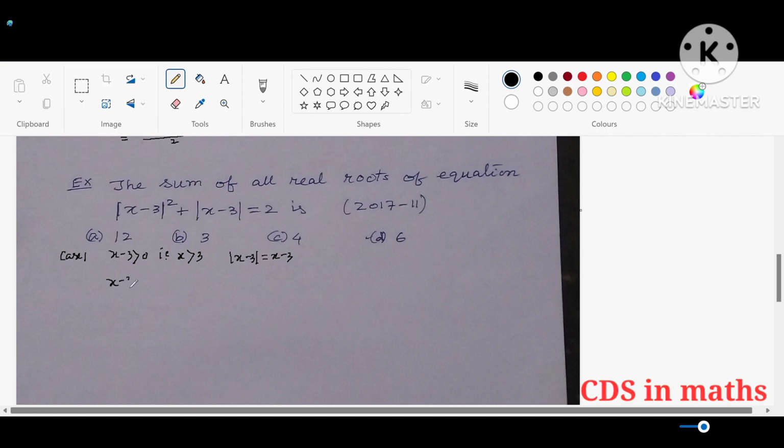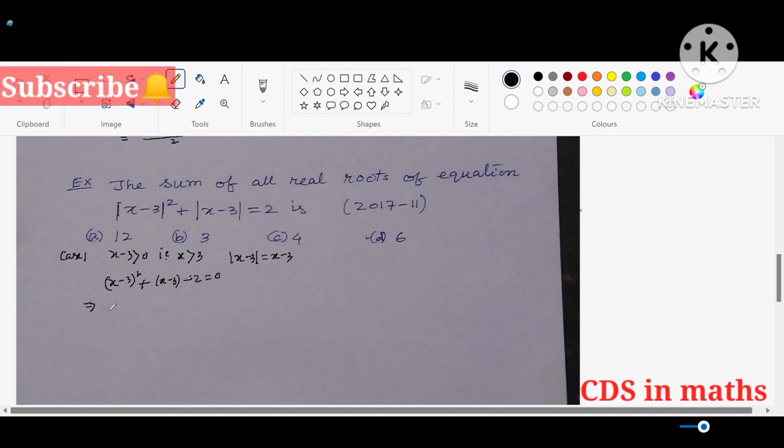So it will be x minus 3 whole square plus x minus 3 is equal to 2, or minus 2 is equal to 0 I can write.